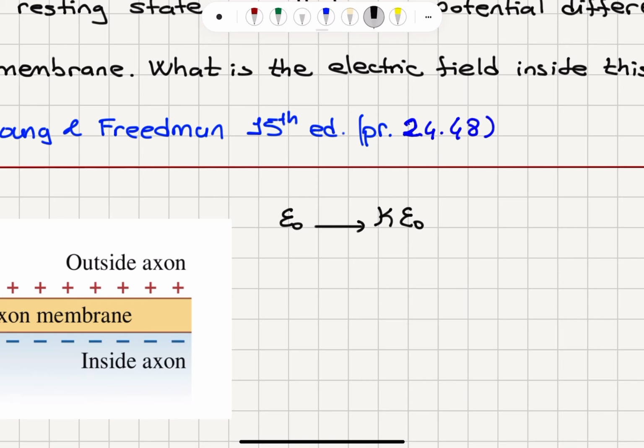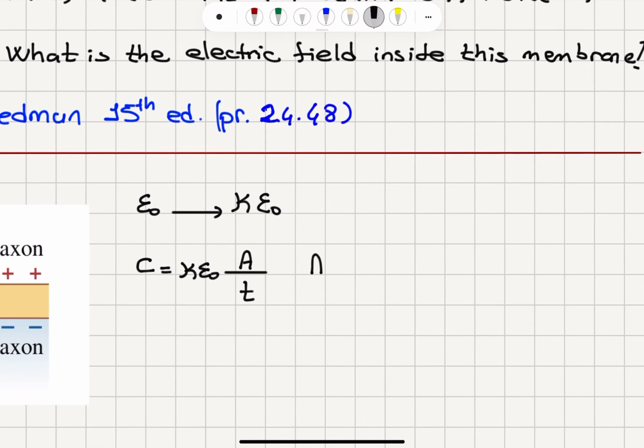The parallel plate capacitor capacitance is then kappa epsilon 0, the area of each plate, A, divided by the distance between them, D. But here the distance between the plates is T. So A is the area, and permittivity of free space is 8.85 times 10 to minus 12 farads per meter.